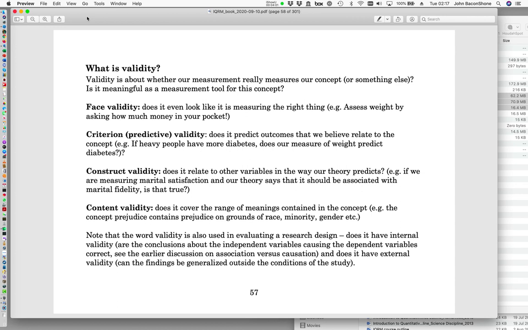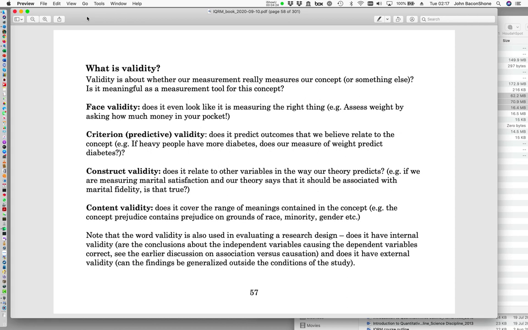So does it relate to other variables in the way our theory predicts? For example, if we're measuring marital satisfaction and our theory says that marital satisfaction should be associated with marital fidelity, is that true? If not, then that calls into question either our theory or our measurement tool.